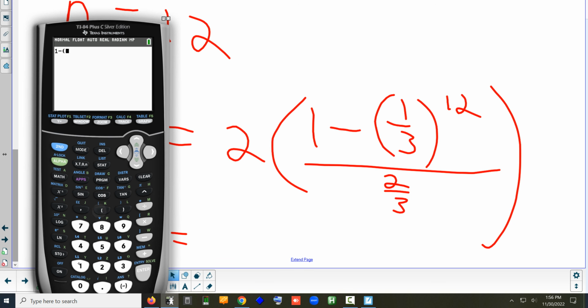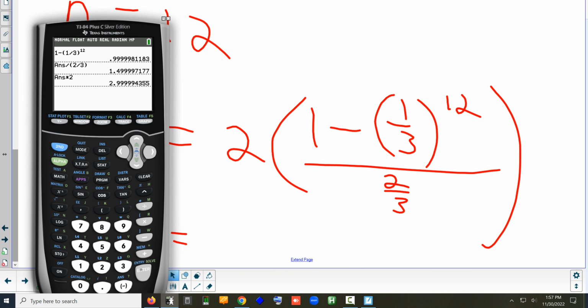So 1 minus 1/3 raised to the 12th. So that's the top. Don't even round it. Just leave it just like that. Divide that by 2/3. And then double.